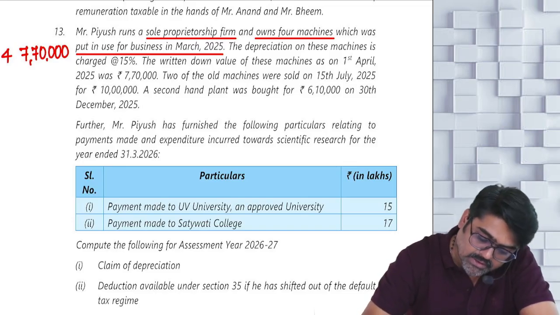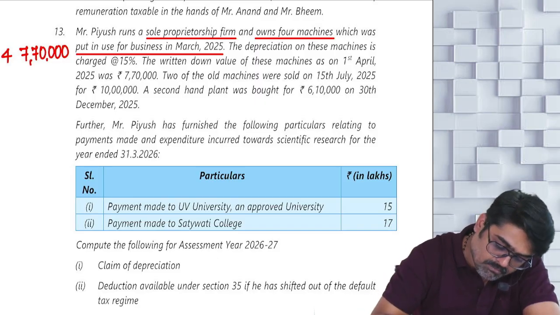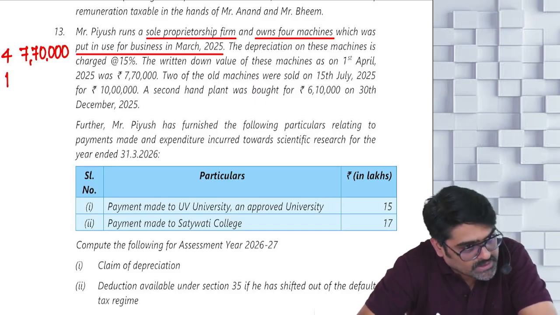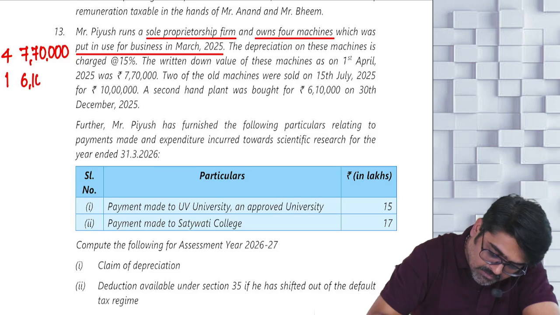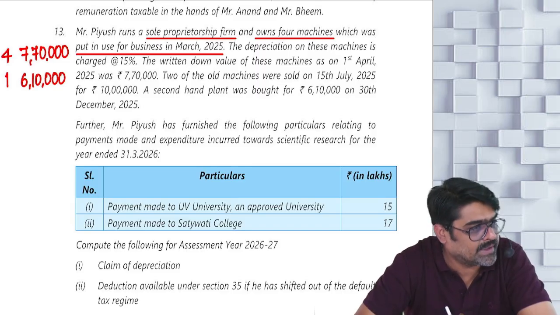Now in this year, did you purchase any machine? Yes, 1 second-hand plant you are buying, so one plant and machinery was acquired in this year. What was the cost? 6 lakh. But remember, on what date was it purchased? If nothing is mentioned, it was put to use on the same date, meaning put to use for less than 180 days.